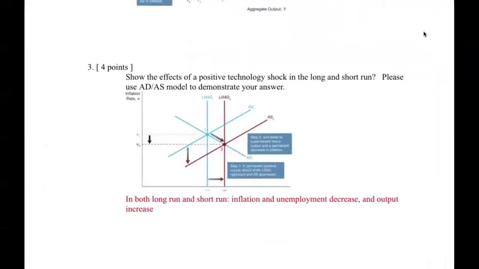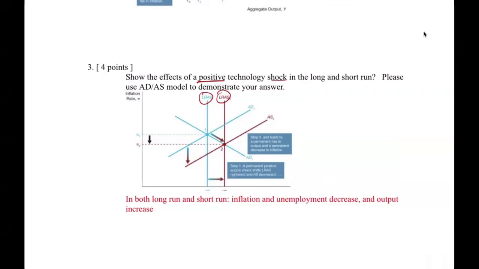Show the effects of a positive technology shock in the short run and long run. So there's a positive technology shock. So the long run AS curve will shift right because of the positive technology shock. Then the output would increase significantly, right? And so in the short run, because in the long run it's already at this point, in order to get this equilibrium, the AS curve will also shift right.